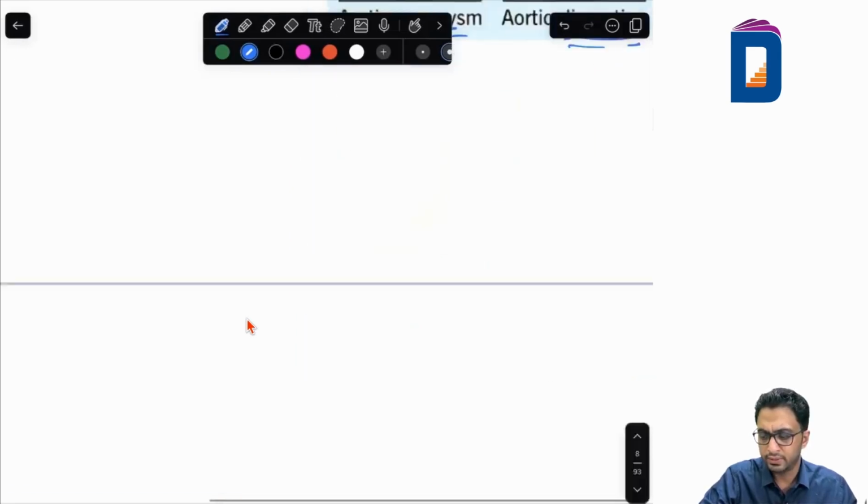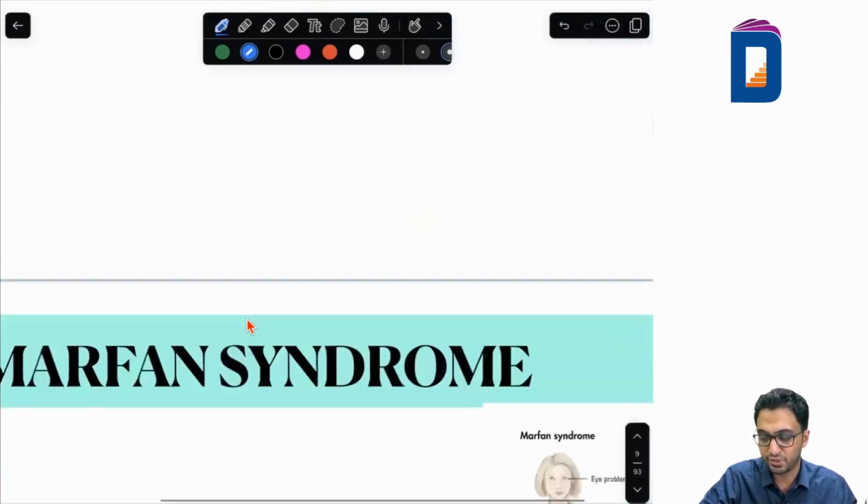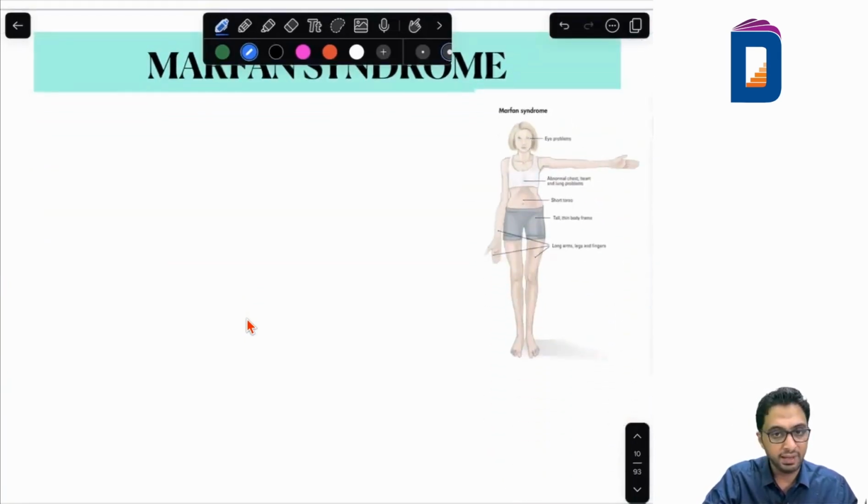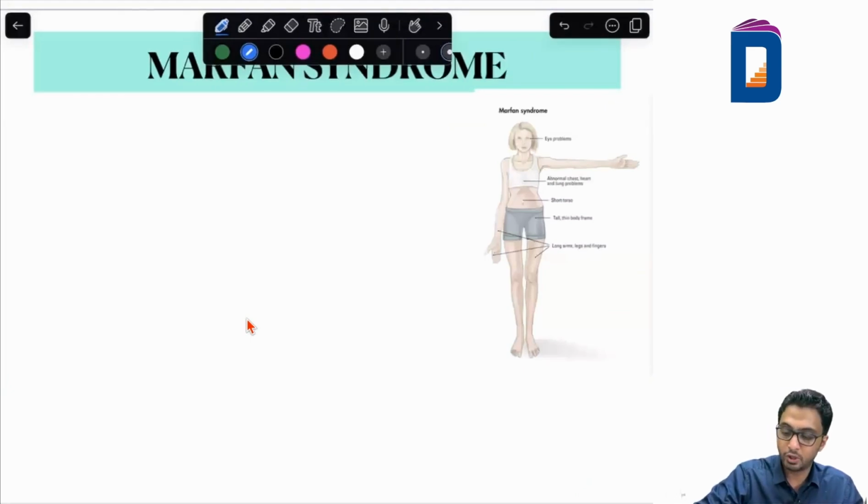We'll come to that. That was the fibrillin 1 gene being affected, as I said. Now there are some features which you have to know. How many of you know the short form of the key features of Marfan syndrome?